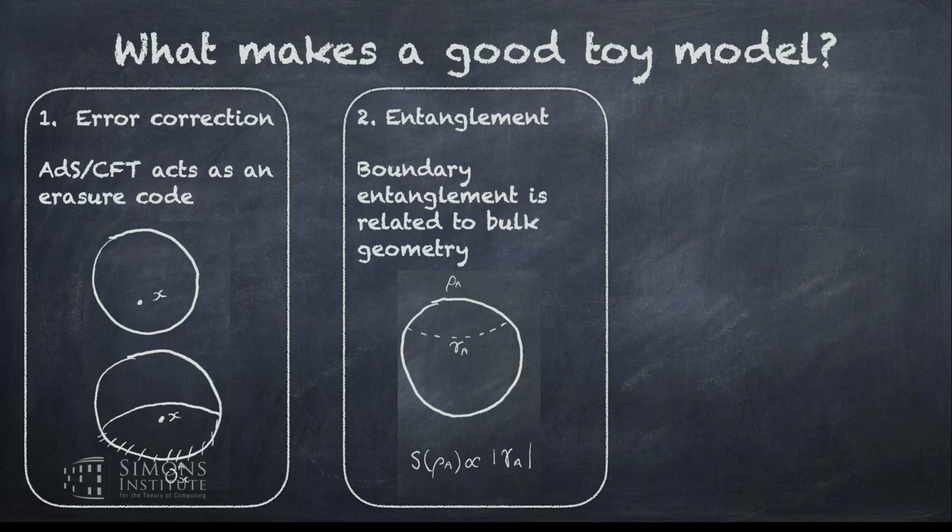Okay, another reason why people think that quantum information theory is related to AdS-CFT is because in AdS-CFT there's a relationship between entanglement and geometry. And this relationship is captured by what's known as the Ryu-Takayanagi formula.